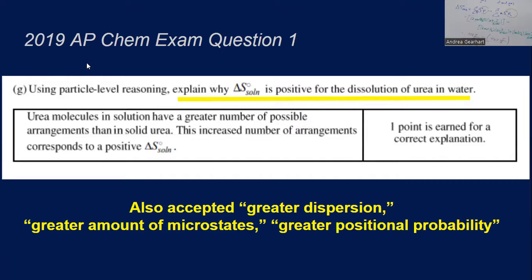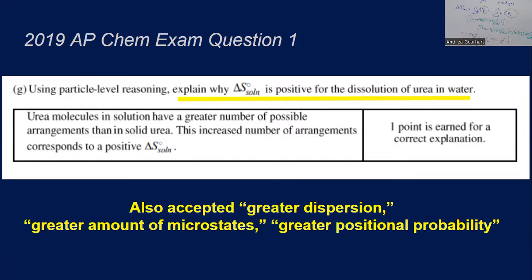So this was from 2019, one part of the question. I will read it aloud because I understand this is hard to see on the screen. Using particle level reasoning, explain why the change in entropy of the solution, so we're making a solution, is positive for the dissolution of urea in water.